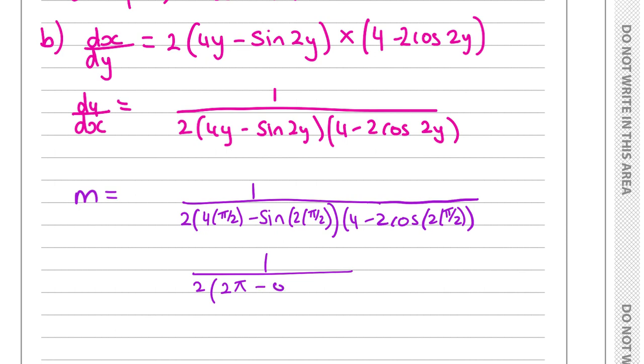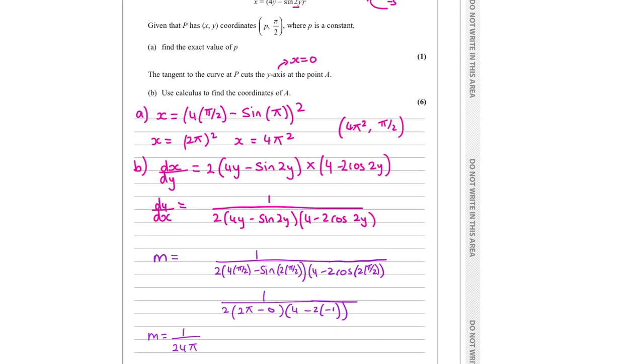Yep, so that's minus 0. And then I get 4 minus 2 cos pi. I'm sure that cos of pi is minus 1, so I get minus 2 lots of minus 1. So this is going to be 4 plus 2 is 6, times 2 is 12, times 2 is 24. So my gradient is 1 over 24 pi, and I'm going to leave that exact.